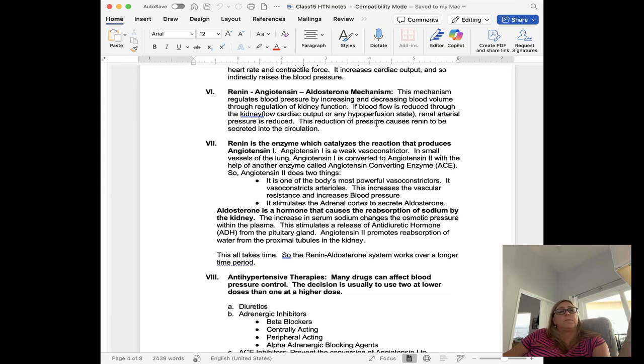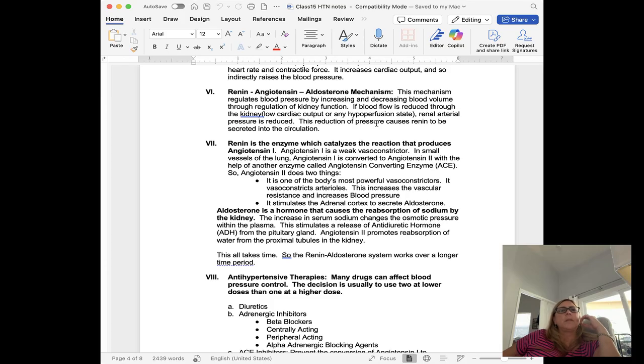So just remember when the renin-angiotensin-aldosterone system gets activated, typically the sympathetic branch will get activated, and then also you will get signals to the brain, to the hypothalamus, which will send it down to the posterior pituitary, and it will signal to release antidiuretic hormone. And when that happens, we will get retention of fluid. So we'll have less urinary output because if you increase blood volume, you will increase blood pressure.